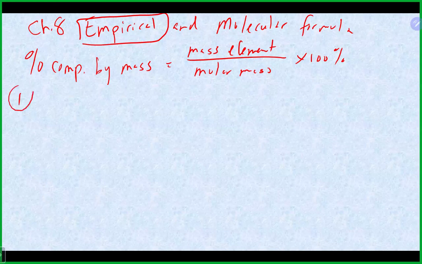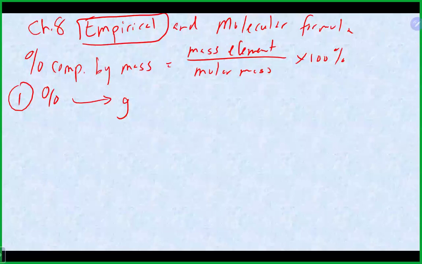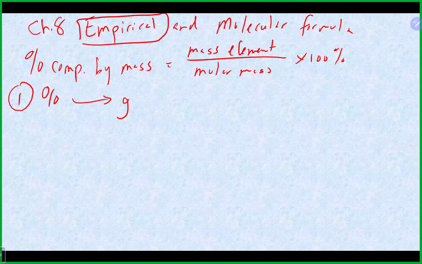So remember that you basically just want to turn your percentages into grams, or really whatever unit you're given. You want to make sure that you get each of the elements into grams. And again, if we do have the percent composition by mass, you could assume that you have 100 grams of everything. And what that does is it just keeps the percent numbers and the gram numbers the same.